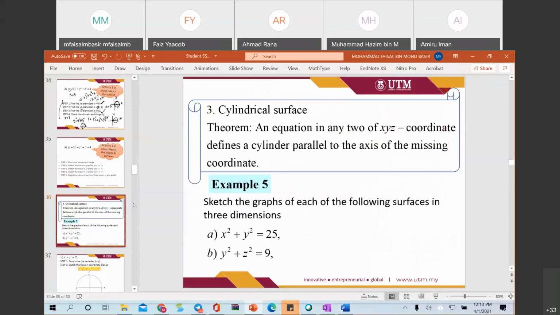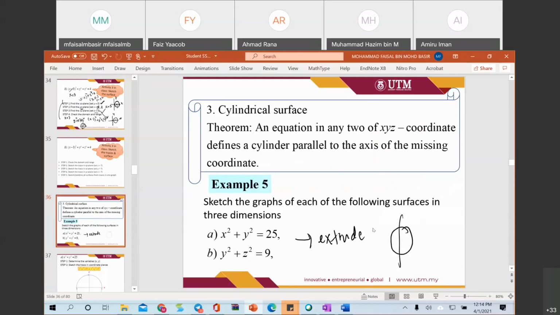Cylindrical surface. Okay, this is about the cylinder. An equation of any two of x, y, z coordinates defines a cylinder parallel to the axis of the missing coordinate. Okay, sketch the graph of the following surface. This is a circle, but z is missing, so you have to extrude to the z axis. So your sketch work is easy.